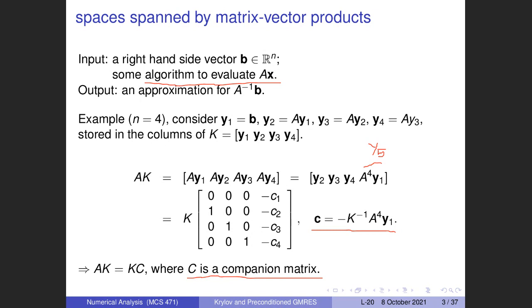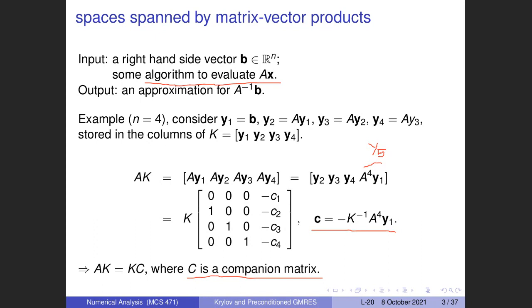The companion matrix, you may have seen in the linear algebra course, is related to the roots of a polynomial and also the roots of the characteristic polynomial of a matrix. So here you have A times K equals K times C. So we have K on the left and the right.